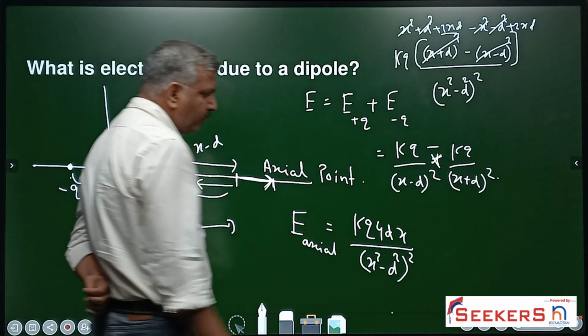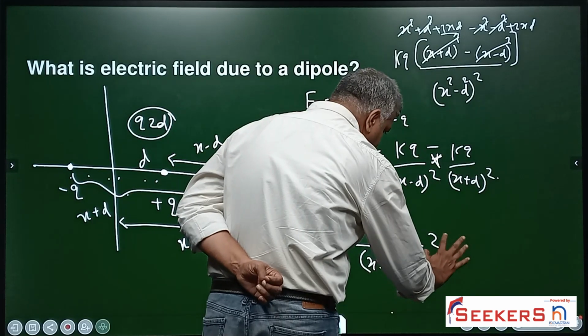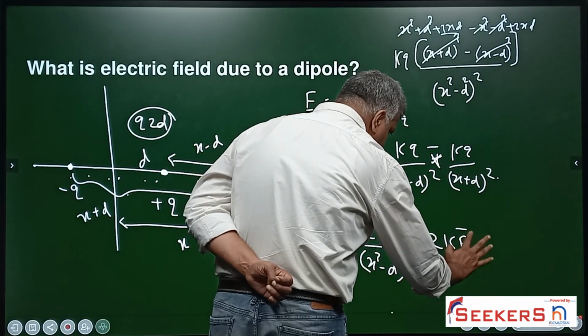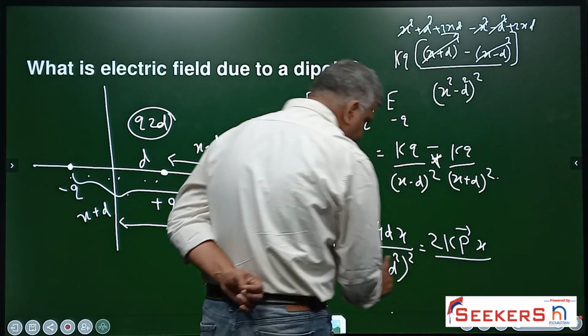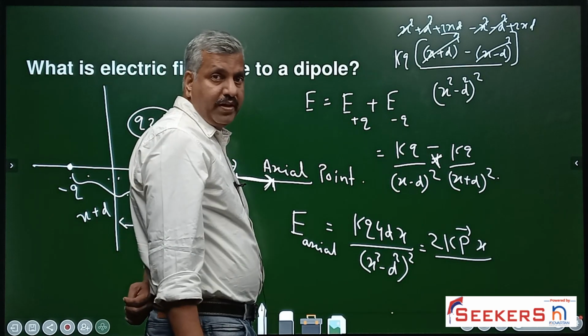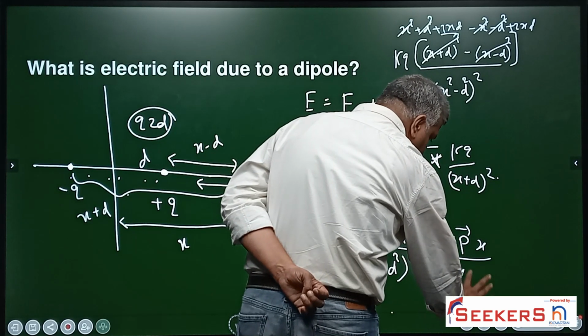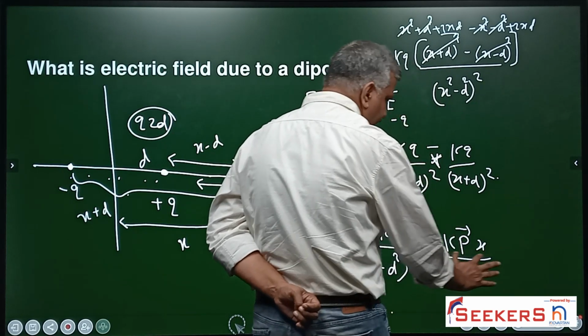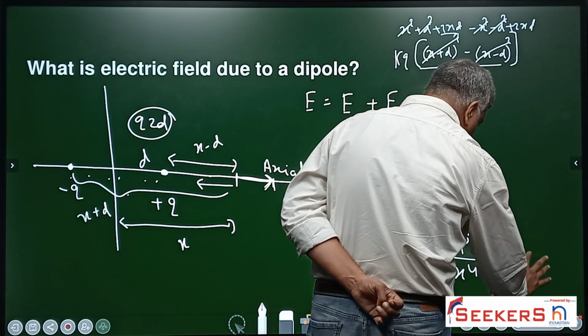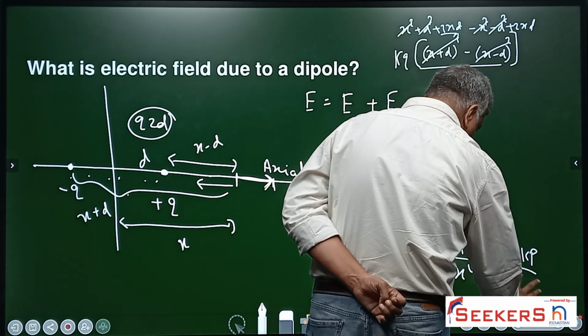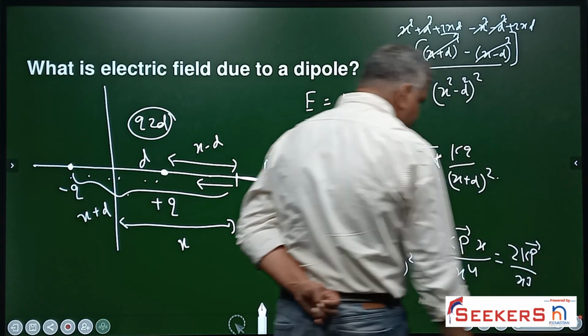So when I substitute here, I will get 2 times kpx. Similarly, if I take d to be very small, I will get x power 4, which if I rearrange and cancel, I will get 2 times kp by x cubed. Okay.